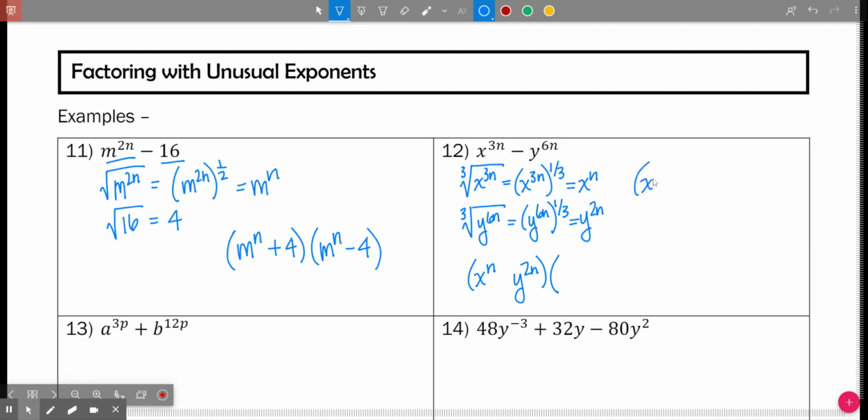So this is x to the nth power squared, which is x to the 2n power, y to the 2n power squared, which is y to the 4n power, and in the middle, I multiply x to the nth power times y to the 2n power.